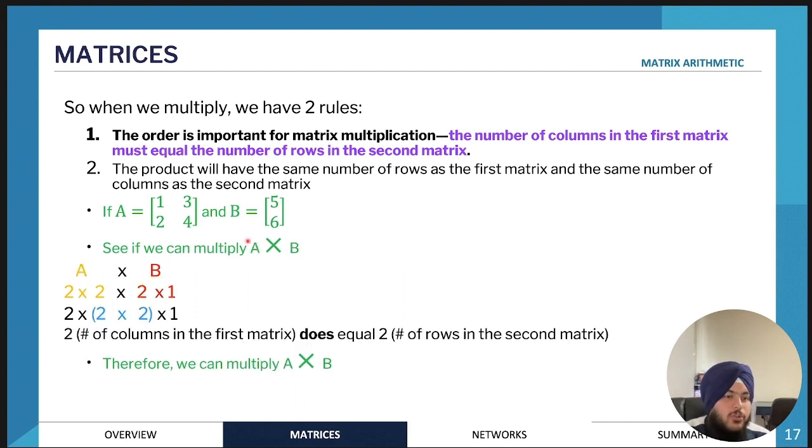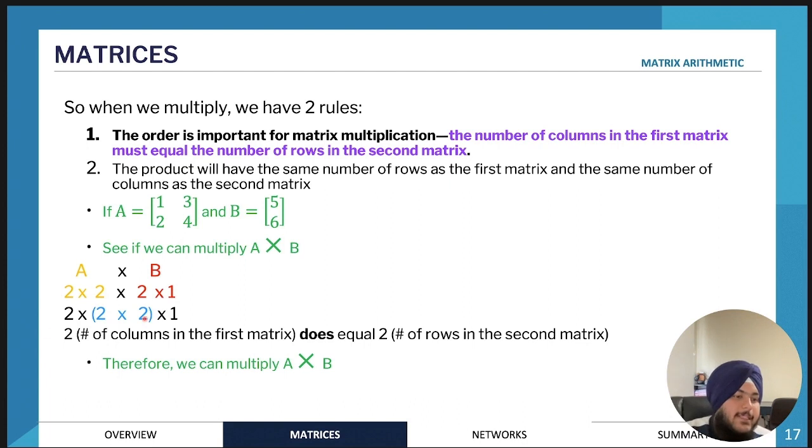So if we were to do A multiplied by B instead, we write the order of matrix A first, so 2 by 2, X, the order of matrix B, 2 by 1, and then we put brackets around the inside numbers. So that would be 2 and 2.